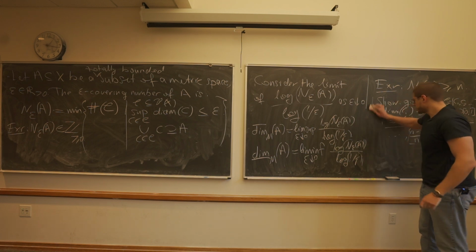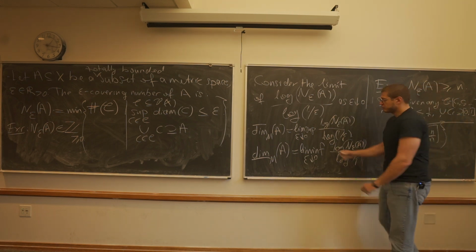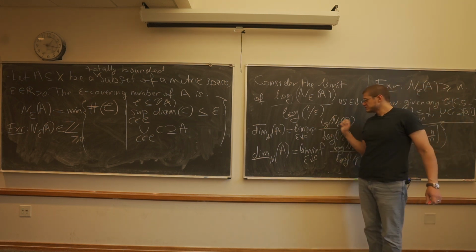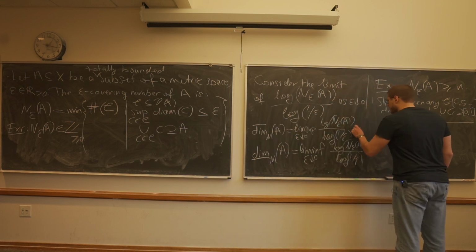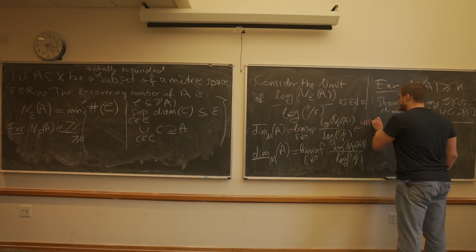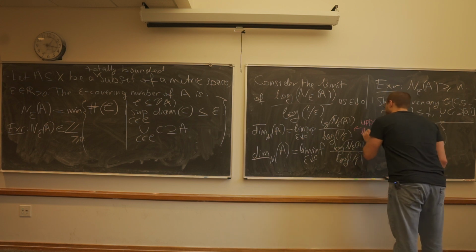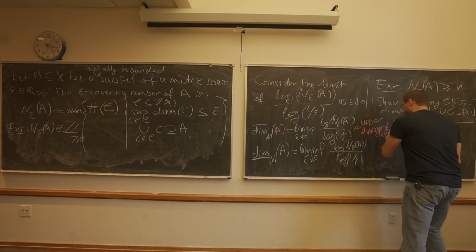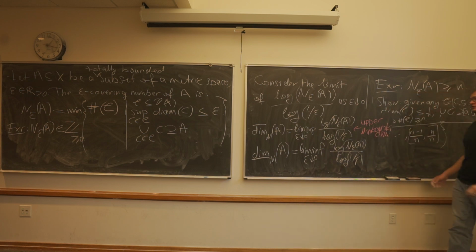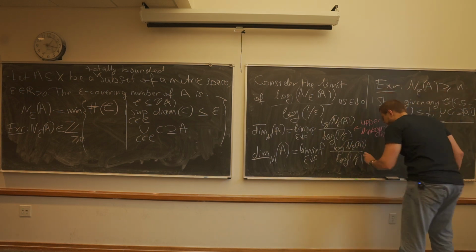Let me just write the names of these. So when you take the lim sup of this expression, when epsilon goes to 0, you get the upper Minkowski dimension. This lim sup always exists, possibly infinite, but always exists.